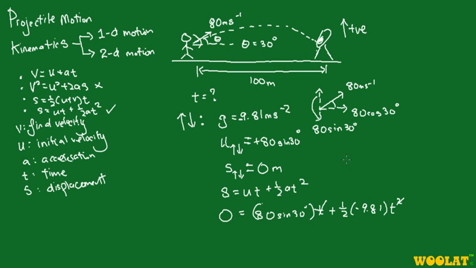So time equals 80 sine 30 multiplied by 2, divided by 9.81. The negative sign is gone because when you bring this component over, you get another negative sign, and the two negative signs cancel out. Just calculate this value, and voila, you have the answer in seconds.